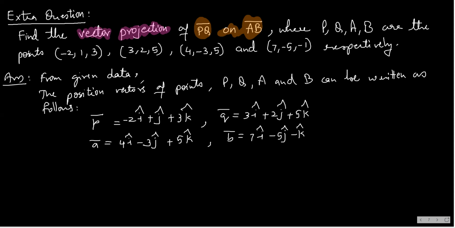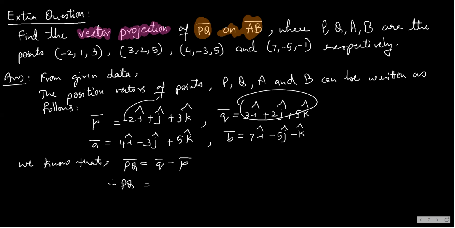Now I will find PQ bar and AB bar. We know that PQ bar equals Q bar minus P bar. Here I have 3i cap minus of minus 2i cap, that is 5i cap.